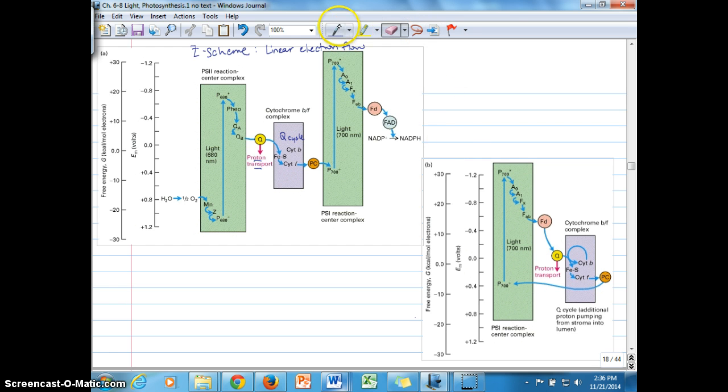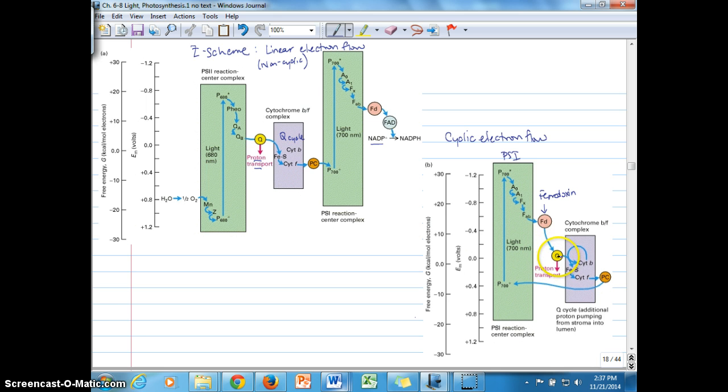Now over here we have what's called cyclic electron flow, which we can also contrast with non-cyclic electron flow, where we see that in PS1, photosystem 1, when the electron is used to oxidize ferredoxin right here, instead of reducing NADP+, this ferredoxin is going to circle back around in the stroma and reduce another plastoquinone.